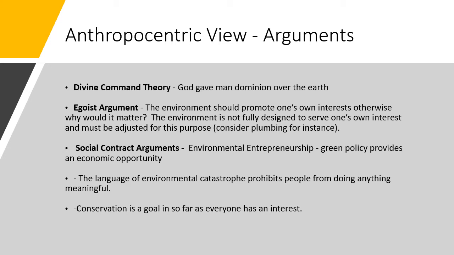And so often what you see in the anthropocentric point of view is this notion of conservation. It's a goal because it stakes a particular interest with anyone who's a rationally self-interested individual. And again, that goes back to that kind of argument about cooperation that we saw in social contract theory. But those are some of the arguments. Those are clearly not all of the arguments, and we'll explore some more of those.